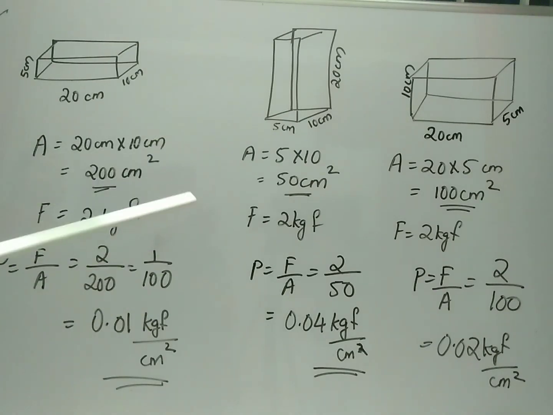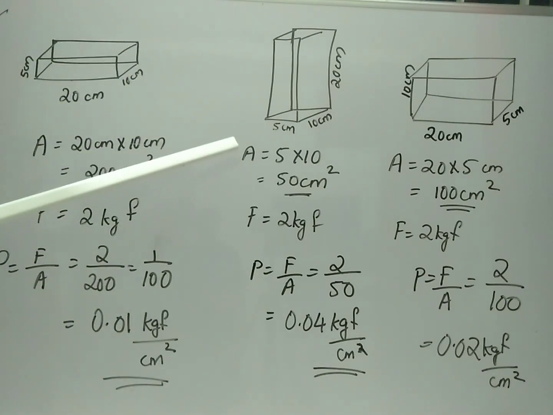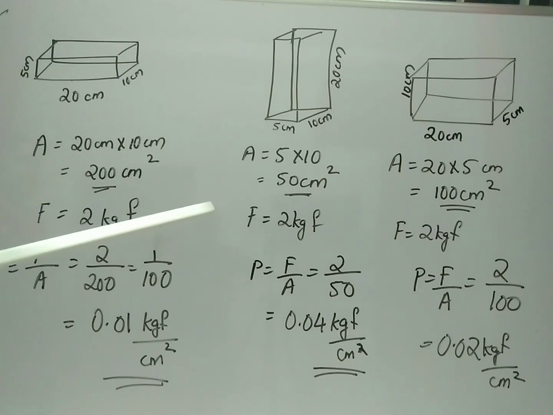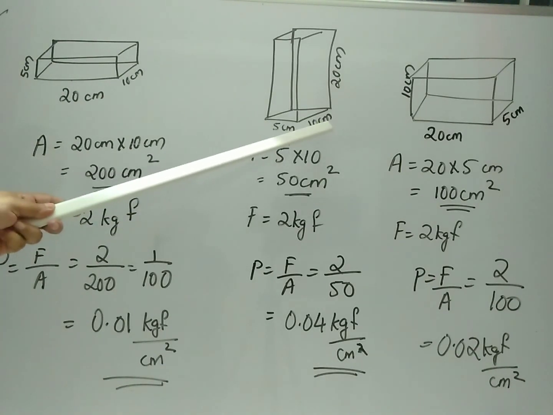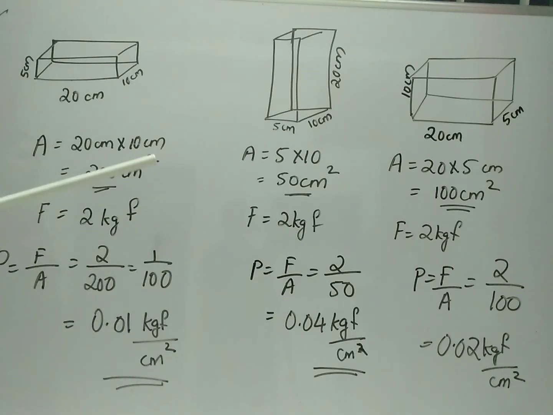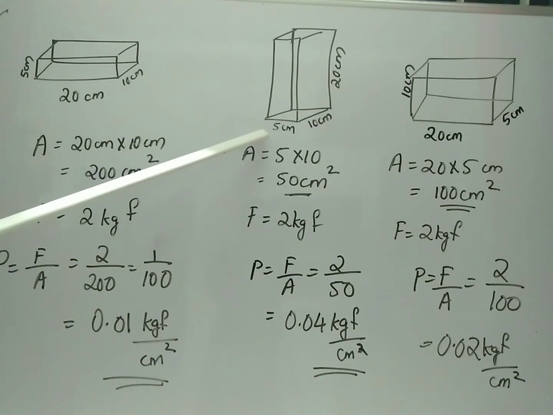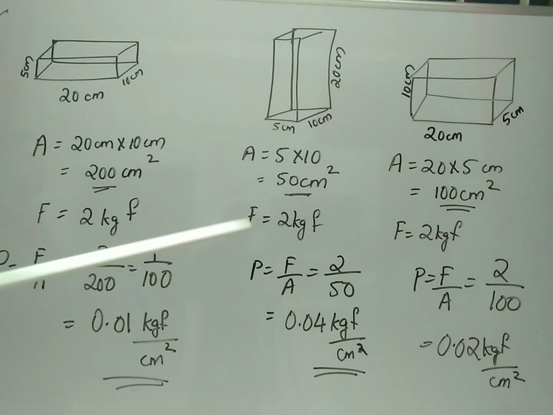Second one, the same brick is kept in such a way that it is kept vertical. In this case, you can see the area of 5 centimeter and 10 centimeter is kept in contact with the ground. So the area of the portion of the brick in contact with the ground is 5 into 10, 50 centimeter square.